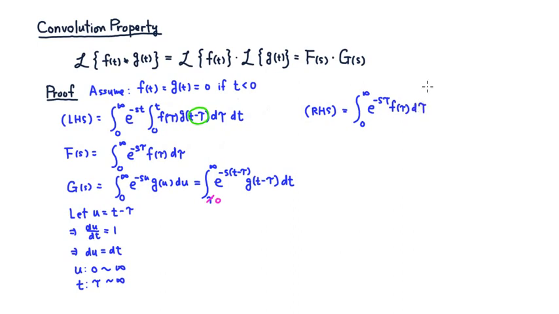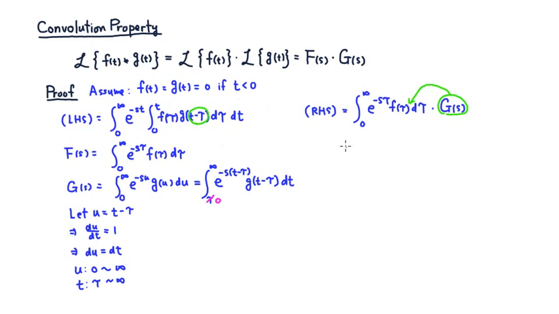Then I'm going to leave G of s as it is for now. As you can see, G of s has nothing to do with tau, so this is just a constant, and we can place it inside the integral.